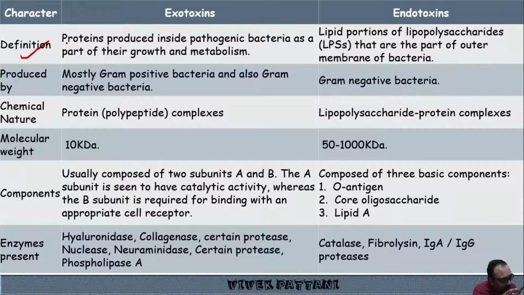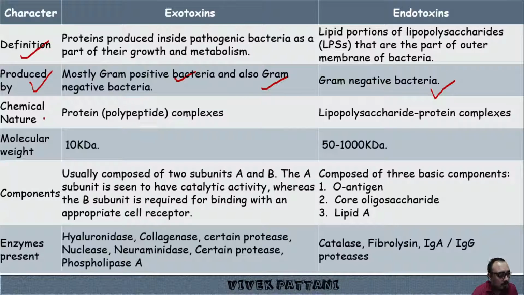Now, which type of bacteria produce them? Just for generalized information, exotoxins are produced most probably by gram positive bacteria, but some are also produced by gram negative bacteria. Endotoxins, in most cases, are produced by gram negative bacteria.